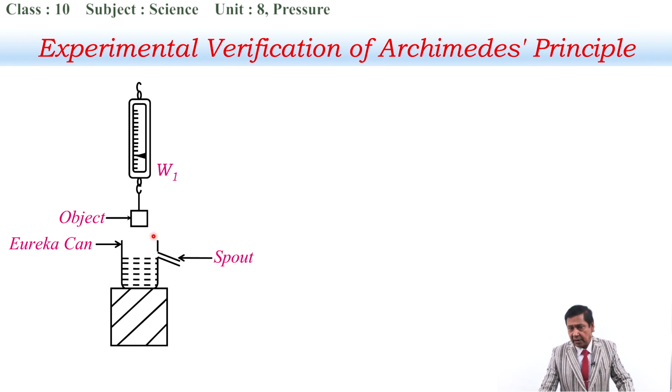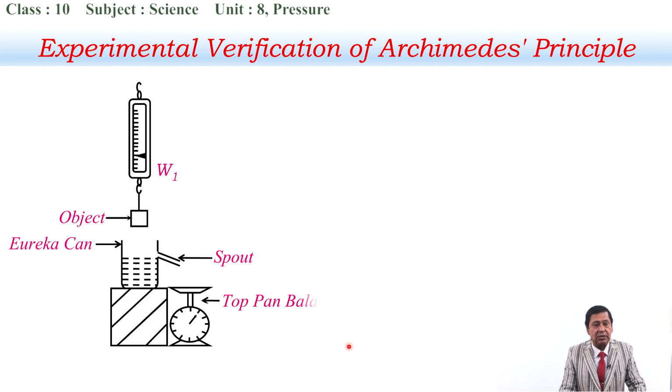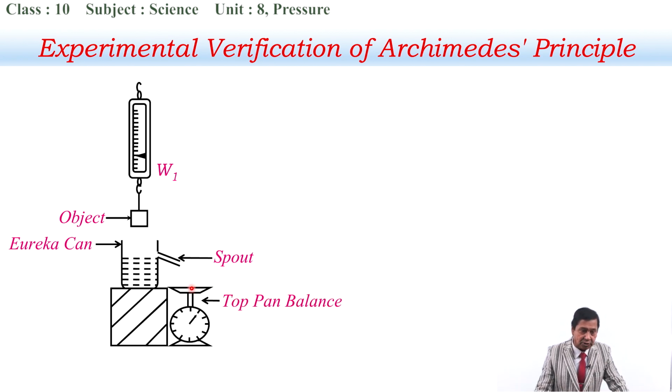Now, if I immerse this body into water, then certainly a certain amount of water is displaced and goes out through the spout. To collect that, I am using a top pan balance. Since the pan is at the top, this balance is named a top pan balance.